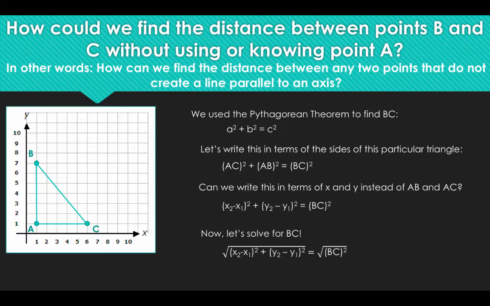The right side of the equation can simplify to BC, but the left side of the equation doesn't simplify. So let's just leave it as the square root of the quantity x sub 2 minus x sub 1 squared plus the quantity y sub 2 minus y sub 1 squared, and that's equal to BC.